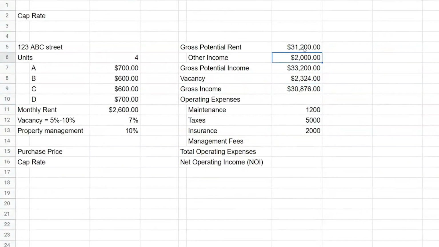And if they have lockers and stuff, like I said, they can collect off of that as well, so they'll get paid right here. So what you want to do, pretty simple, again, equals your property management. You're going to multiply that by the gross income, and it's going to cost you $3,000 for them to operate that property.